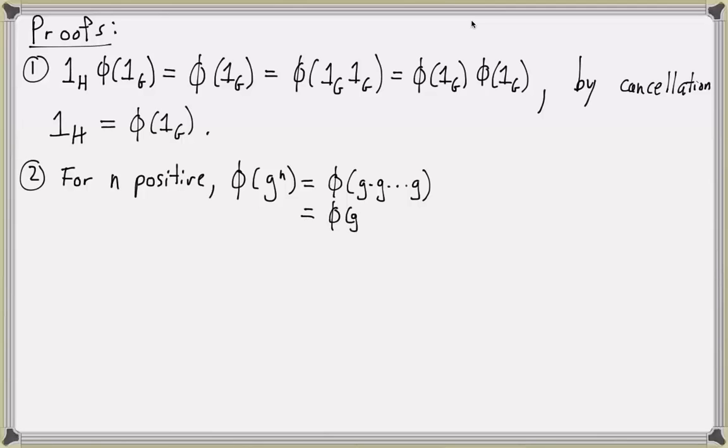So this is phi of g times phi of g all the way out to times phi of g. And we have n of these factors of phi of g, so this is the same as phi of g to the power n. So the property holds when n is positive. Well, property 1 is just the case when n equals 0.